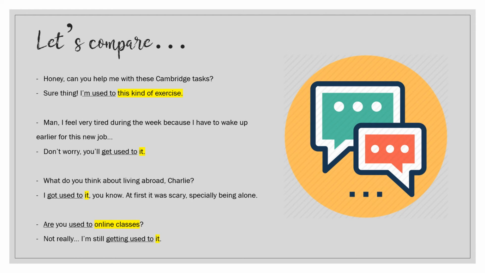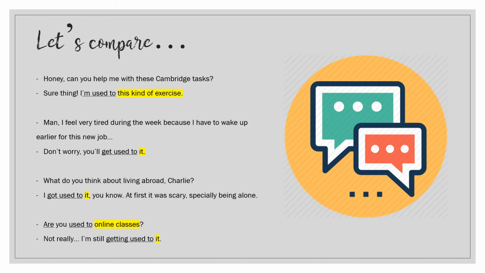In the third one, you can see that get used to is in the past, which means that this person now is already used to, but she or he prefers focusing on the process, because it was probably hard. He or she mentions being alone was hard, so I got used to it. It was a process.